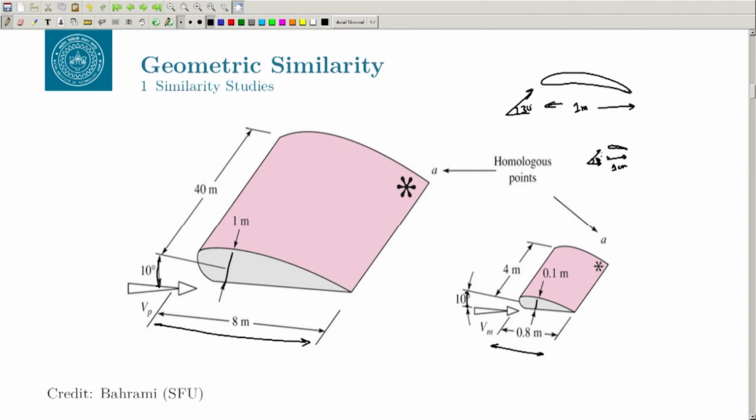So, what the kinematic similarity says is that at two corresponding points between the model and the prototype, the velocities are in the same direction and must be scaled by the same factor, at any two locations. Let us say on this particular wing we are talking about a height, somewhere here.